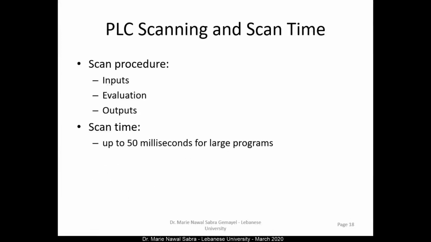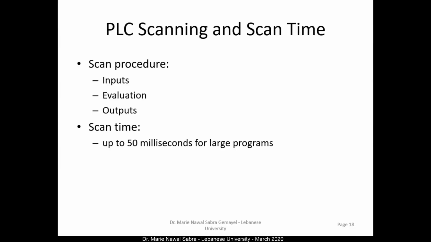So we have between 20 and 50 milliseconds as a scan time for a PLC program. This is large if you want to talk about controls by microcontrollers, but it is fast enough for most industrial procedures. Therefore, it is good for most applications.